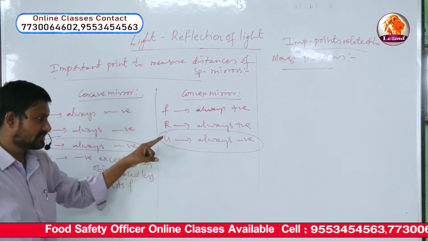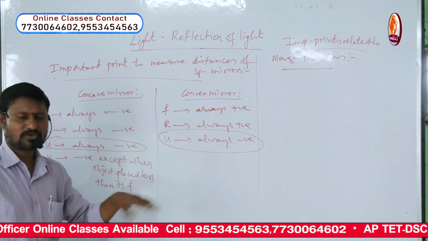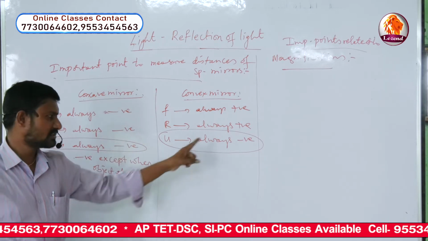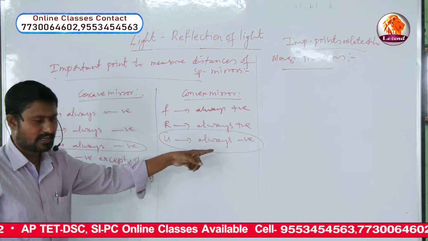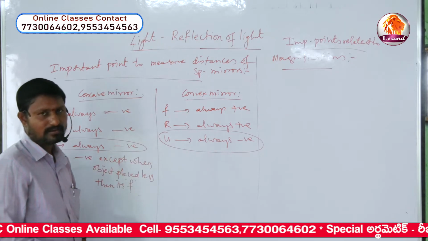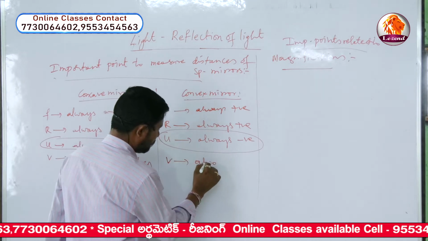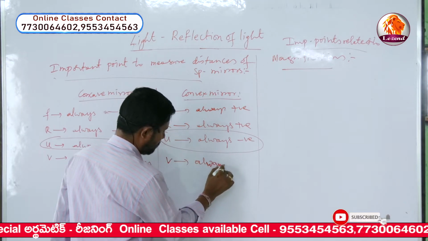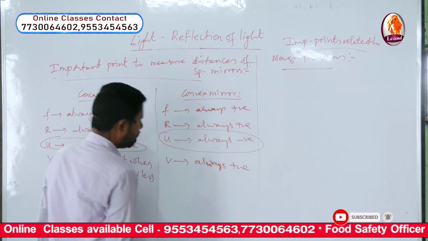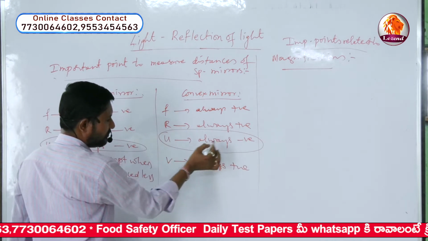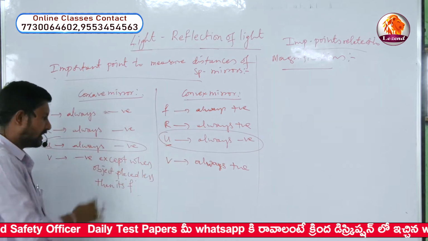So u you should remember as negative, because by applying sign convention you always get negative. And v is always positive. So for a convex mirror, all are positive except u.